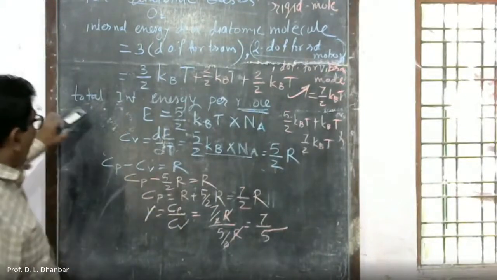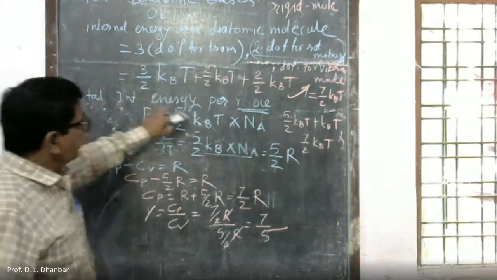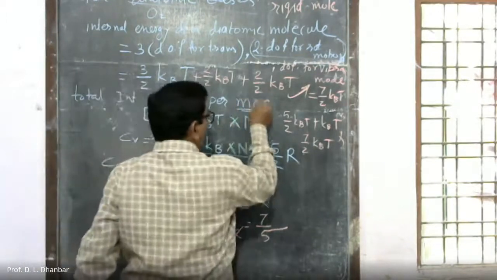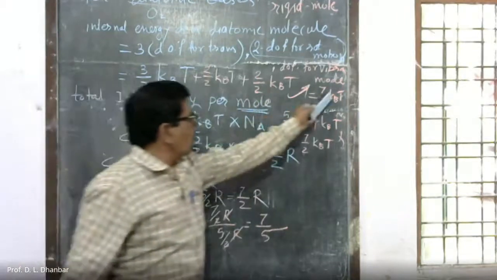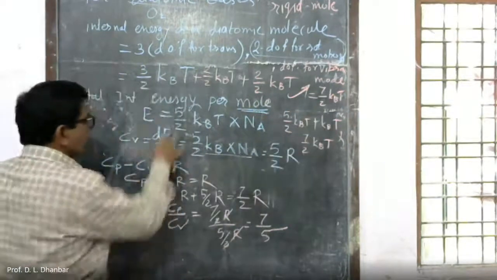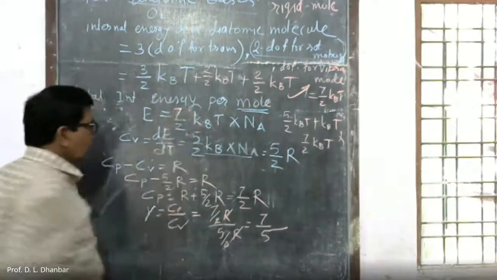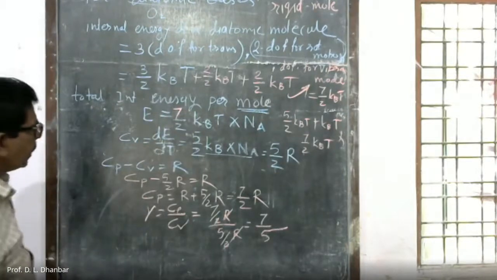Now total internal energy per mole means you have to multiply it by Na. So we got this 7 by 2 kB T, so here I will write 7 by 2 kB T into Na.